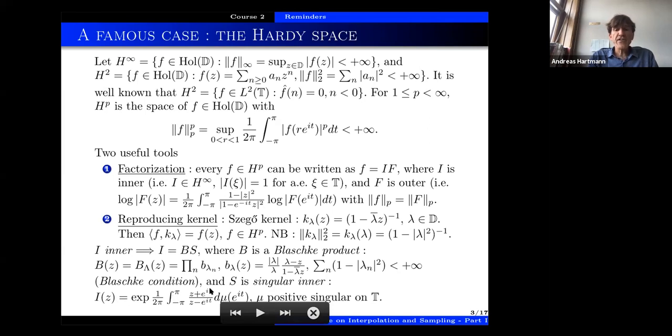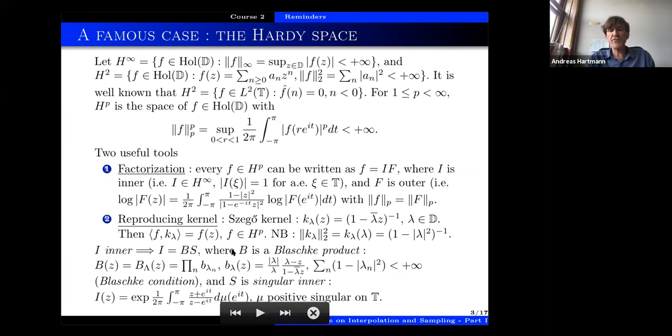A singular inner function is more or less constructed like an outer function. Instead of putting here the logarithm of the modulus of f dt, you take a singular measure. In a sense, I can write f as an exponential of this Poisson extension, but if I look also at the arguments, then I would get the Herglotz kernel, which I see appearing here.